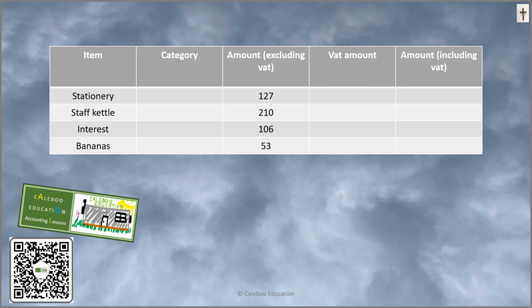A possible test question could be: complete this table. You're given these items and you'd have to determine what category they belong in. You're given the amount of each item excluding VAT.